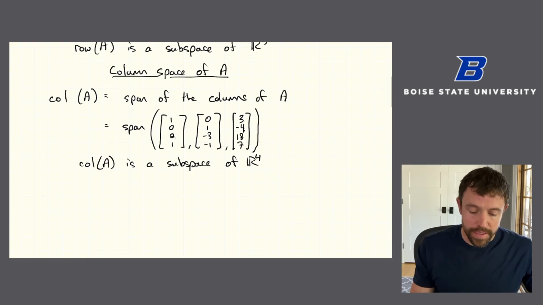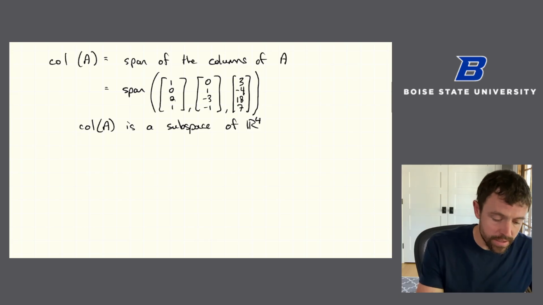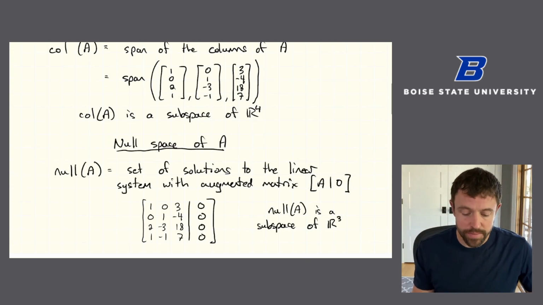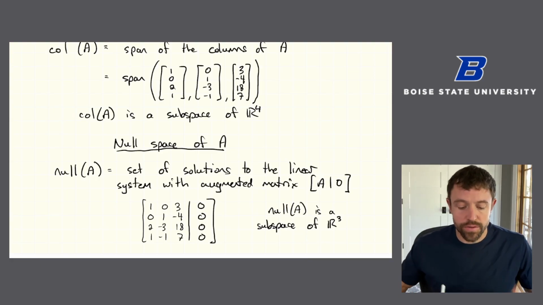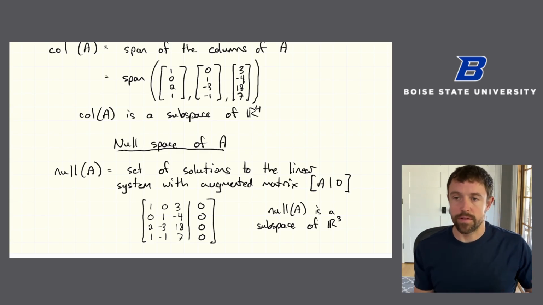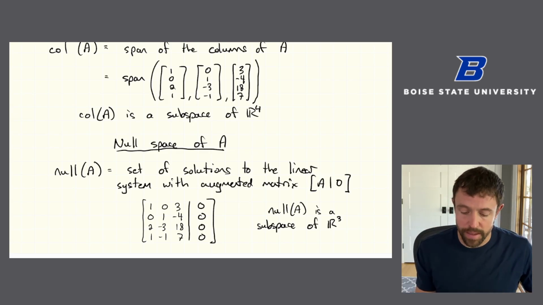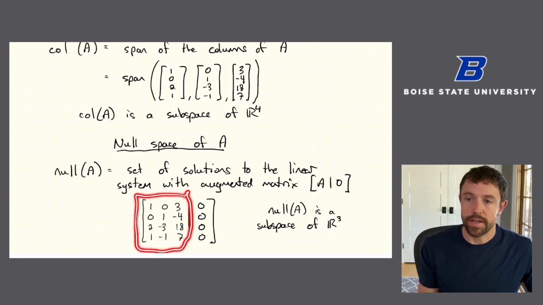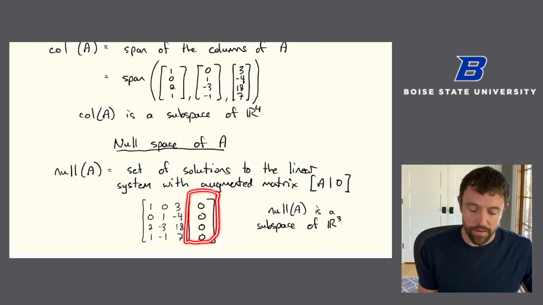All right, a third space that I want to associate with this matrix requires a little more definition. It's the null space of the matrix. And this is the set of solutions to the linear system that you solve by setting up an augmented matrix with A on the left and the 0 vector on the right. So in this case, this is A, the left-hand side, and this is the 0 vector.